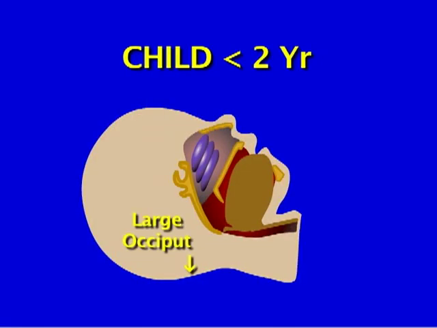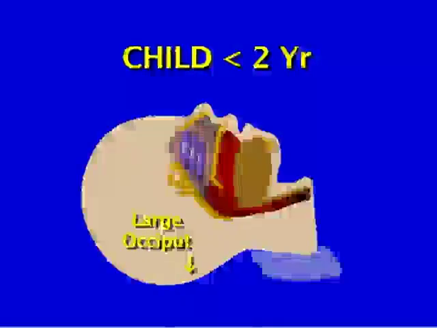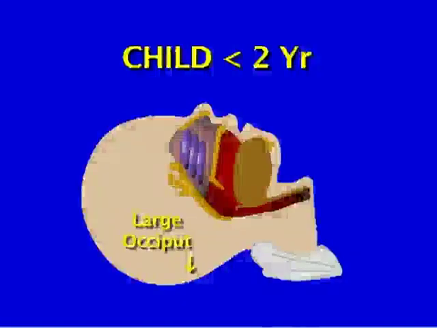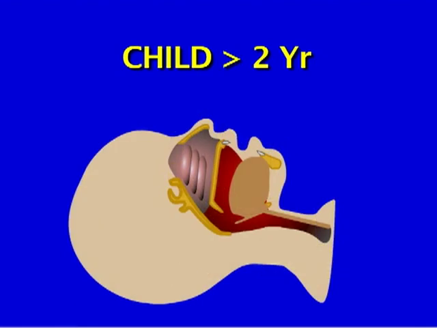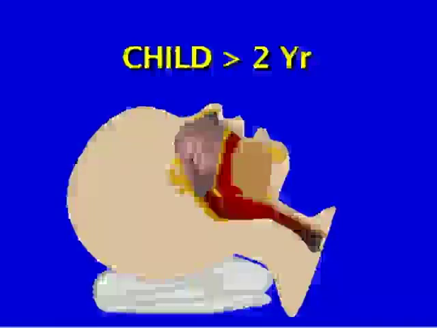A child younger than 2 has a relatively large occiput. Placing a folded towel under the shoulders in this age group aligns the pharyngeal and laryngeal axes. In a child older than 2, placing the towel under the head, as in the adult, is usually more effective.